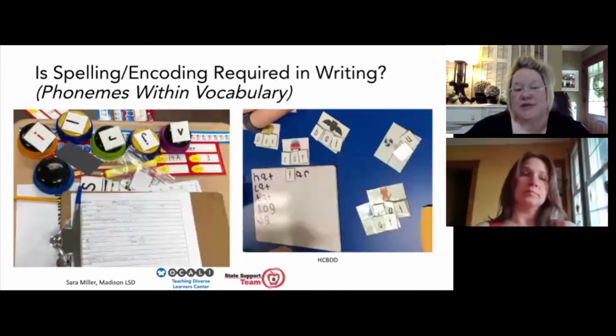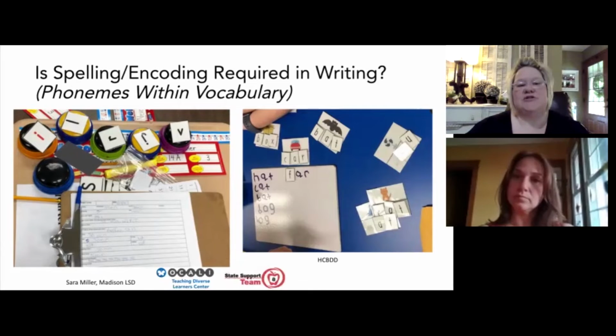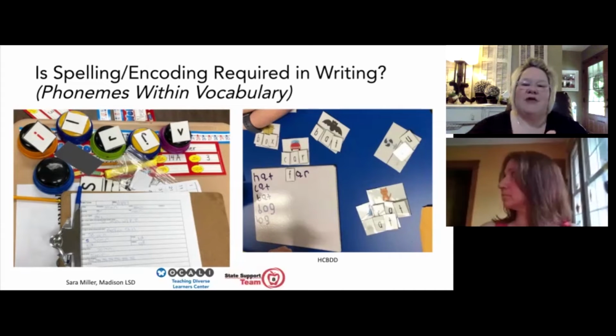So it's a possibility, if spelling is required, that we may have to adapt some things for certain students. Some students may be spelling using switch adaptation or technology. Other students may be using just some concrete examples of that spelling where they're doing sound by sound, letter by letter encoding of words and then producing them in print.